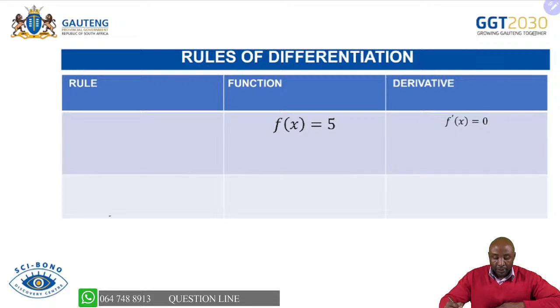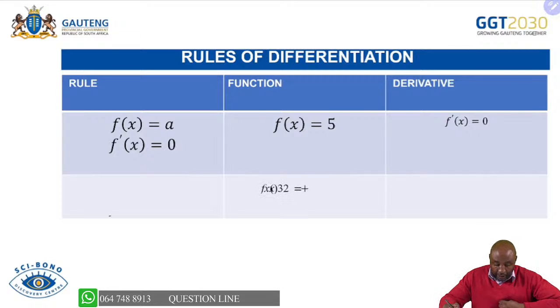For example, if the question is 1 mark, definitely you don't need to use first principles unless the question has stated that use first principles. You will find out that this is a constant. So if our function is a constant, the derivative will be equal to 0, as illustrated on the rule on the left hand side.